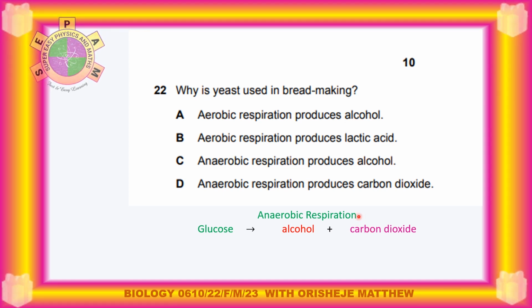It assists the rising process of the bread that is being baked. So the answer to this question is D, carbon dioxide. Anaerobic respiration produces carbon dioxide that is used for the rising of the bread.